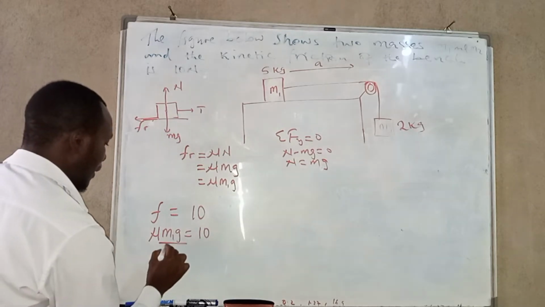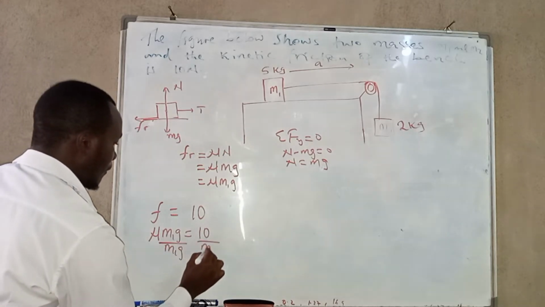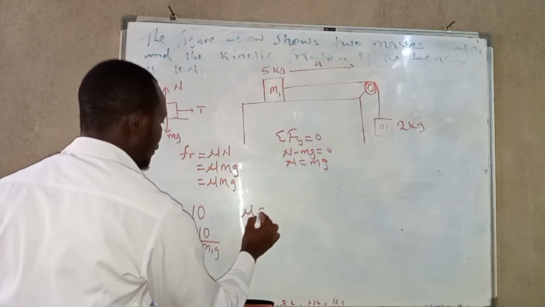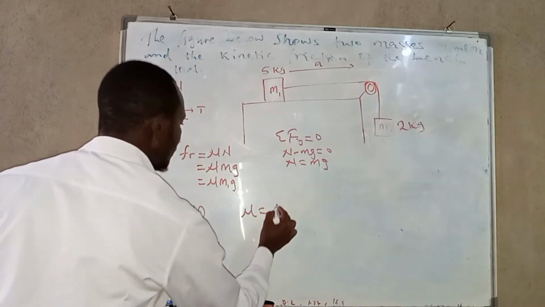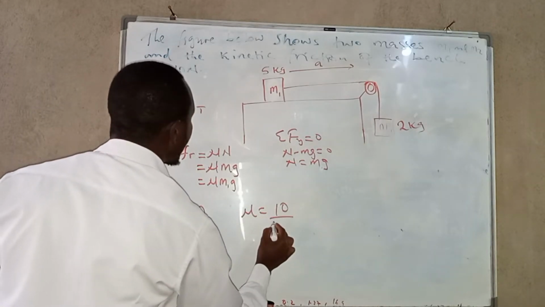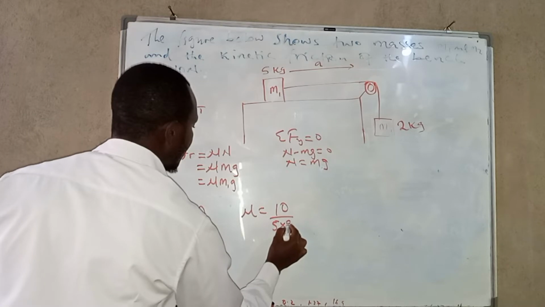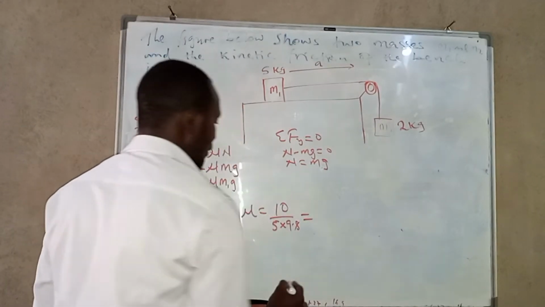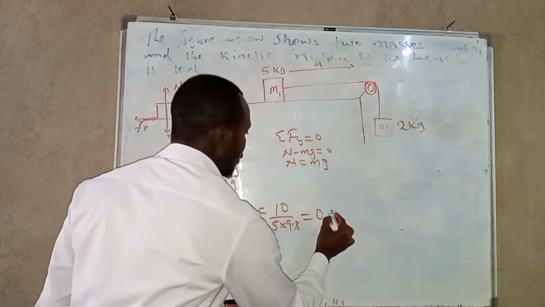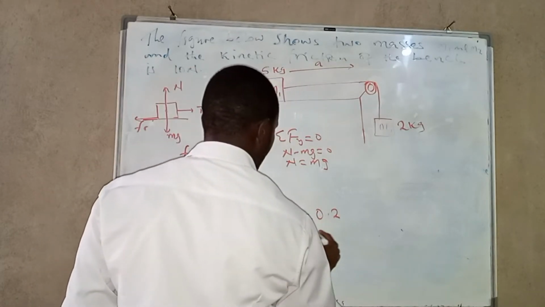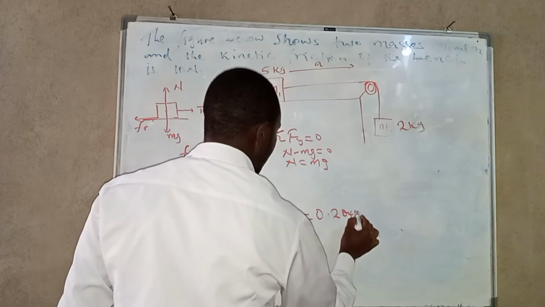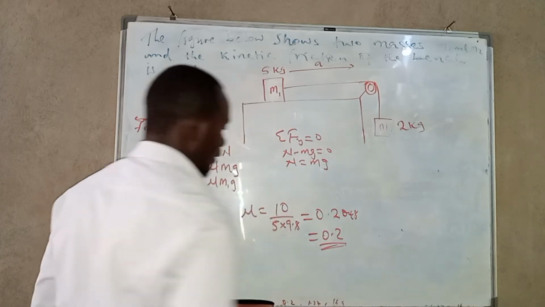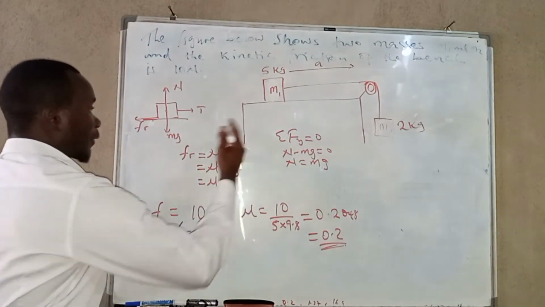From this, we can write by m1g. This and this will go, and we're going to have mu equals 10 over m1, 5 times 9.8. What we are going to get is 0.2048, which can be rounded off to 0.2 as the coefficient of friction.